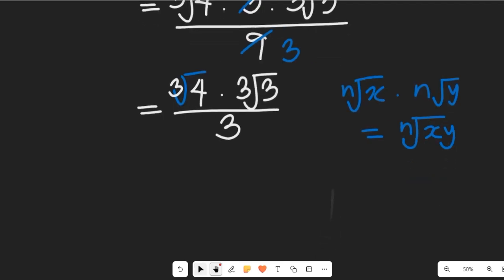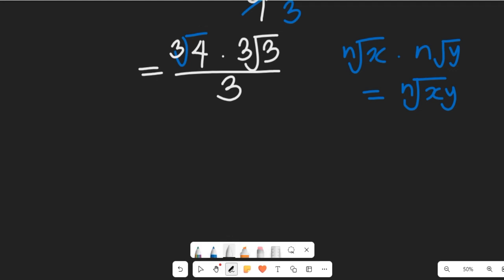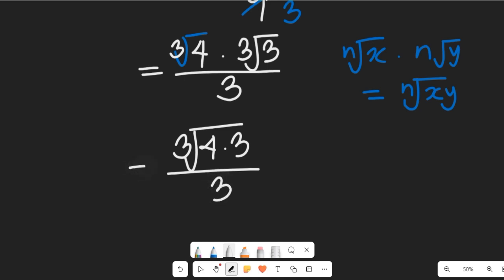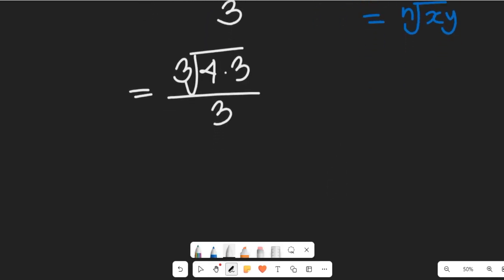So we can use that expression here. If we use it, we combine the cube root and have 4 multiplying 3, and all of these divided by 3, and that will be a simplified solution to that question. Now, if we simplify that, the expression becomes the cube root of 12 divided by 3, right? And that is that.